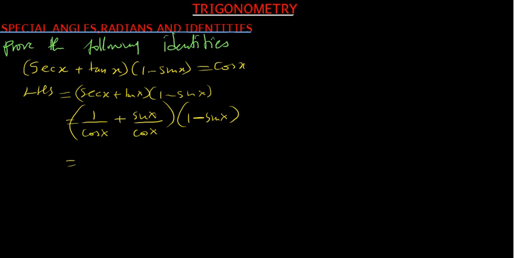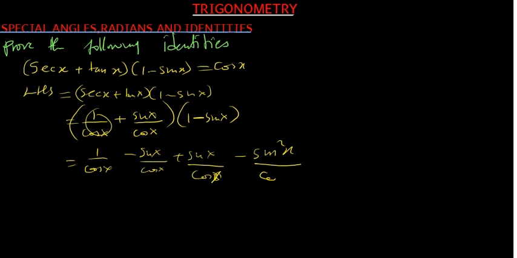So if I multiply this first part with that, I'll just get 1 over cos x, and then this part with that will give me minus sin x over cos x, and then this times that, what I'm getting is just sin x over cos x, and then this times that, what I'll get is sin squared x over cos x.